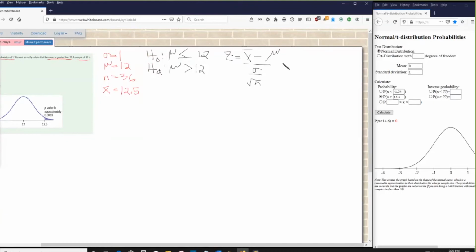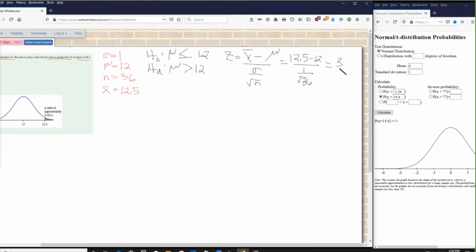So that's going to be 12.5 minus 12, divided by 1 over the square root of 36. And when I do that calculation, I'm going to end up with 3. So my z is going to be 3.